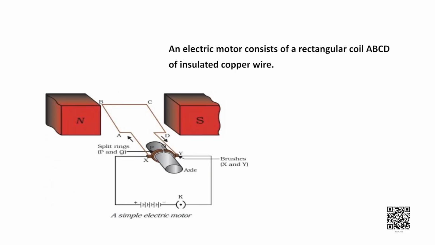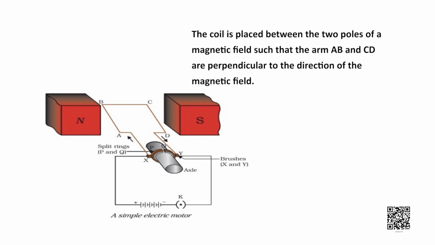An electric motor consists of a rectangular coil ABCD of insulated copper wire. The coil is placed between two poles of a magnetic field such that the arms AB and CD are perpendicular to the direction of magnetic field.